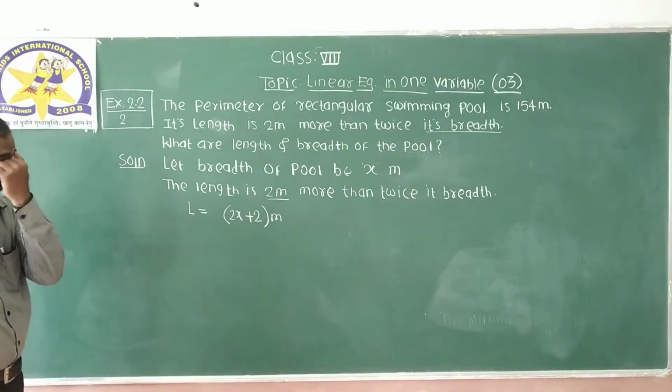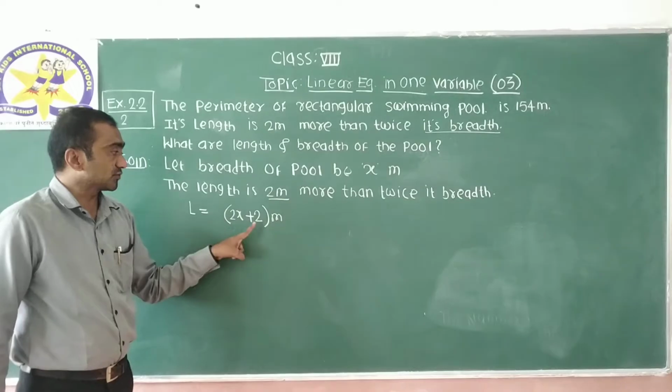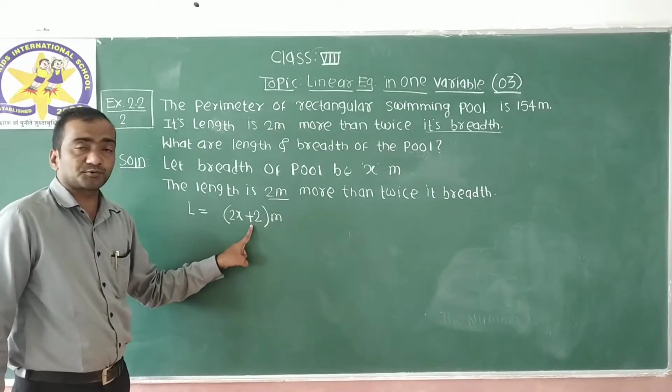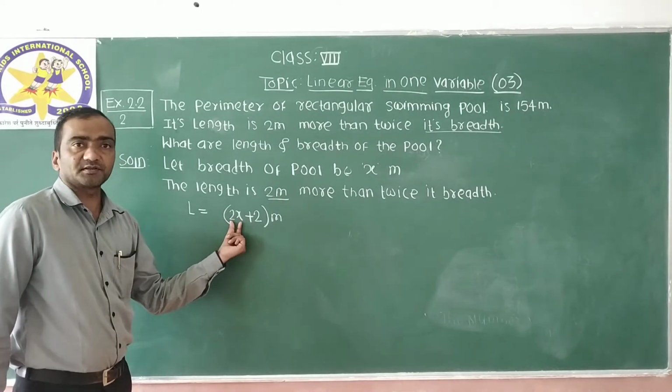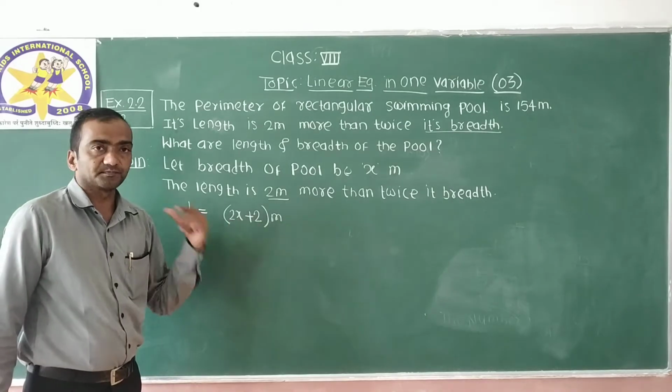Now see the equation. Length of the pool is 2 meter more means plus 2, twice its breadth means 2x meter.